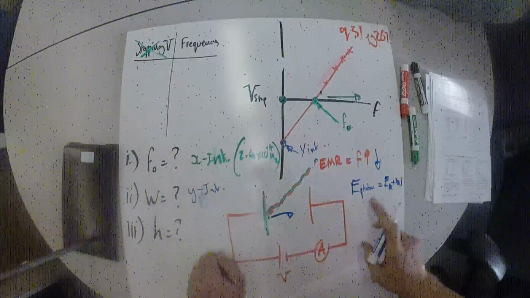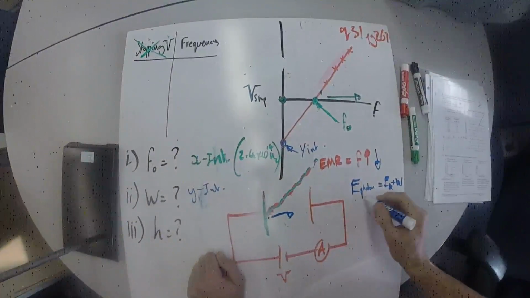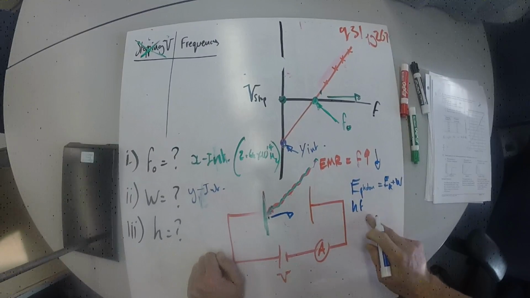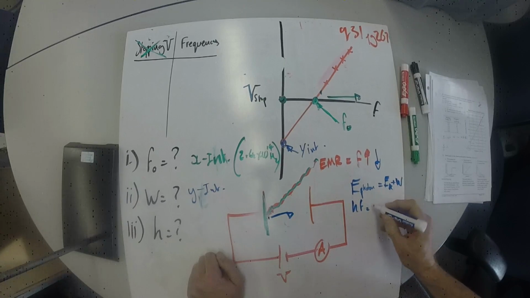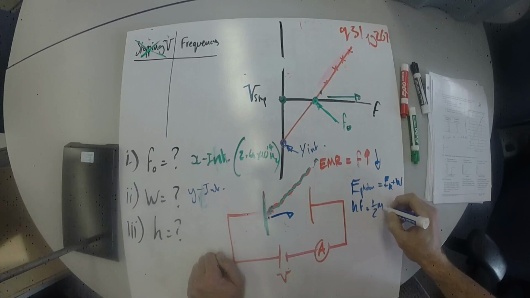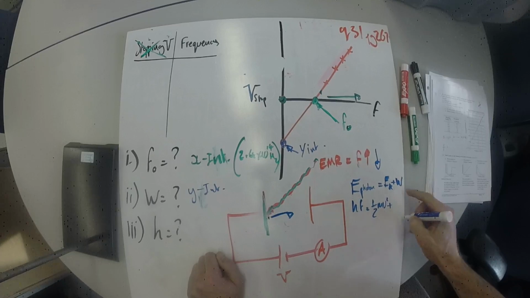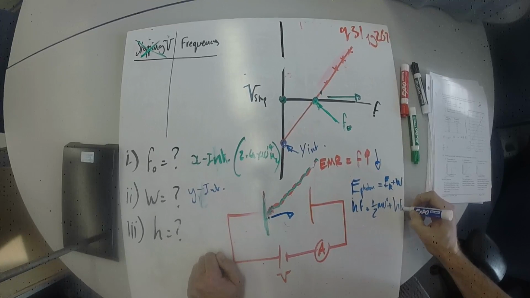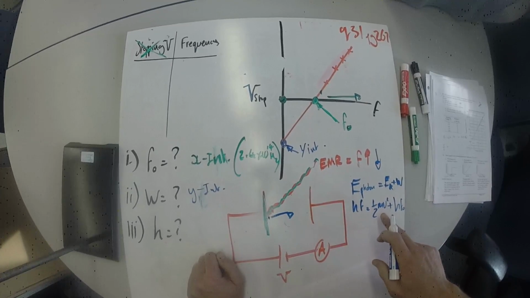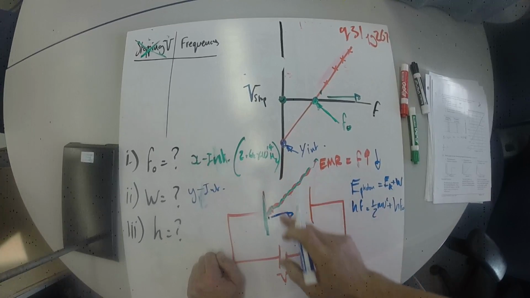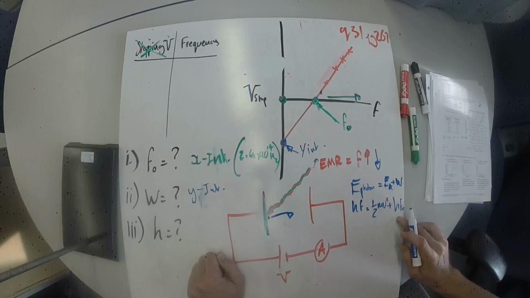If we come back to our formula here, if we're looking at energies, the energy of a photon is hf. The energy of the electron moving is going to be half mv squared plus the work function, which is hf0. So in other words, this work function is a type of energy.